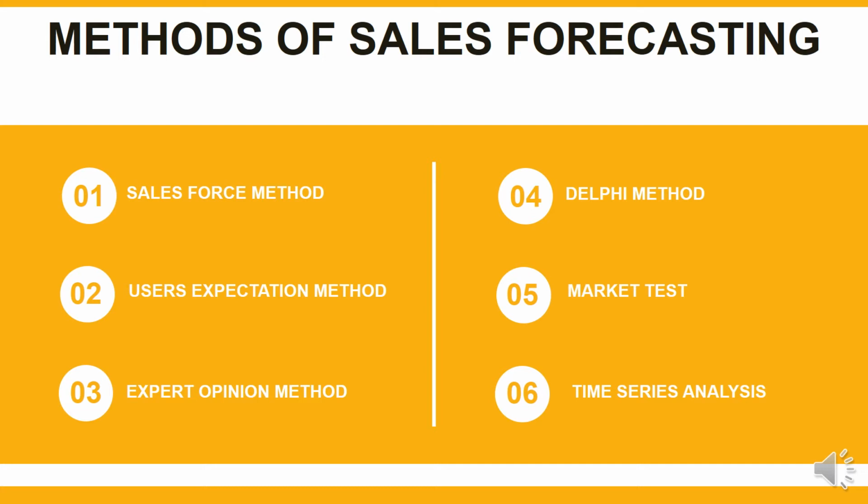Number 2 is users' expectation method. Under this method, actual users of the company's product are contacted and are asked to submit the estimated quantities of the product they expect to purchase during a given period of time. Now, these estimates are pooled and thereby the sales forecast is done.